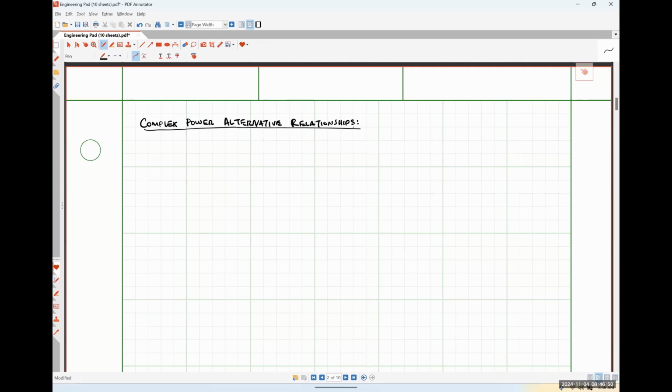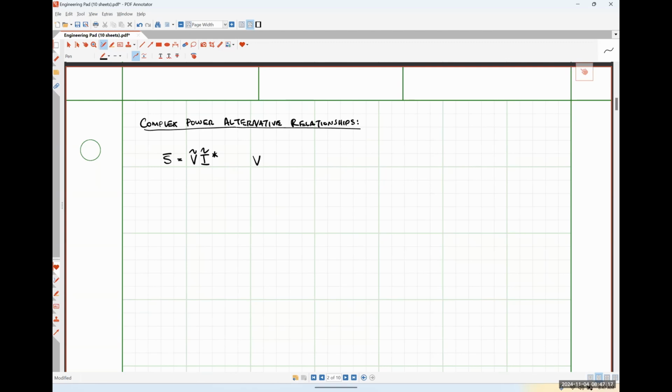So we know that S is equal to the RMS phasor voltage V multiplied by the RMS phasor current I conjugate. Okay. Now, this is technically a new relationship. It's literally just Ohm's law. I will happily derive it if you need me to.